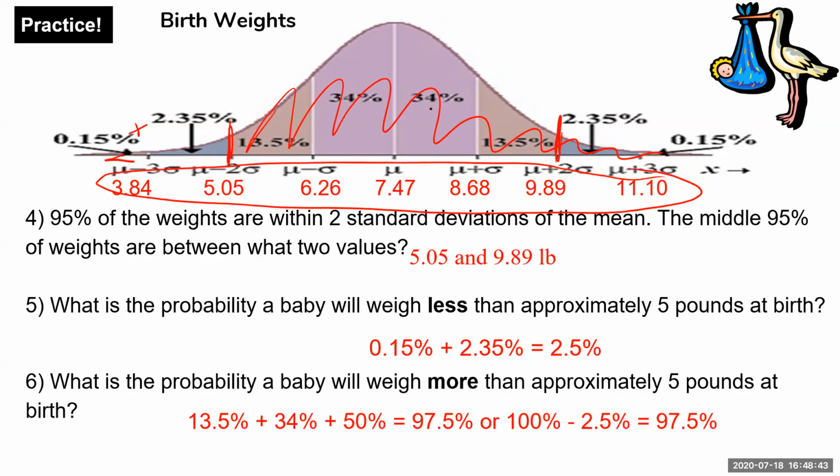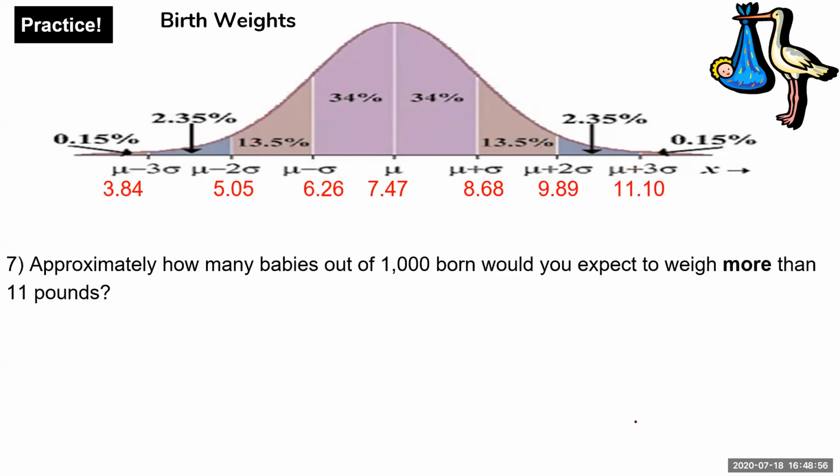And then don't forget to put in these percentages to guide you to solve these problems. And again, you have to be able to memorize this. Find an easy way to do it. And I showed you an easy way to do that. And approximately how many babies out of 1,000 will be born would you expect to weigh more than 11 pounds? So you multiply that by the number, and that gives you that.